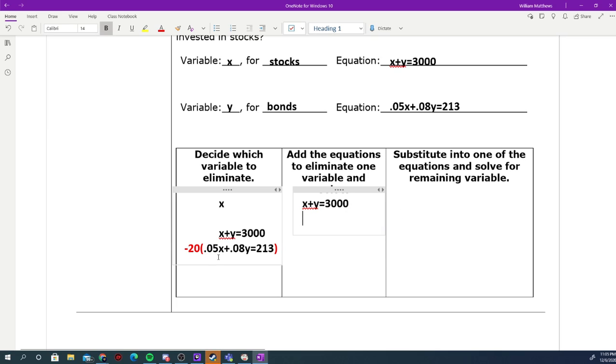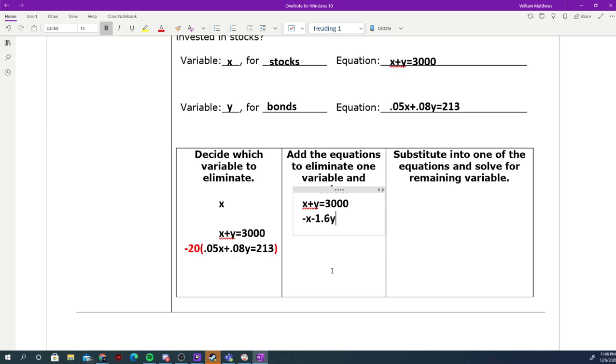Negative 20 times 0.05x will give me a negative x. 20 times 0.08 will give me a negative 1.6y.